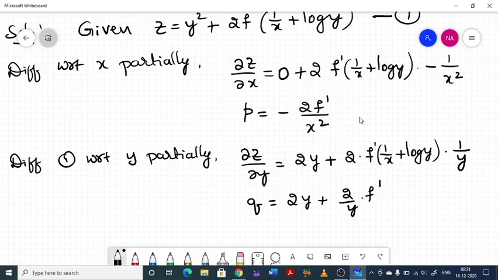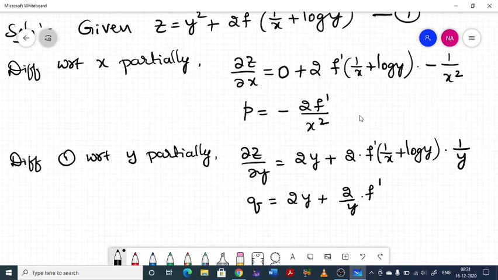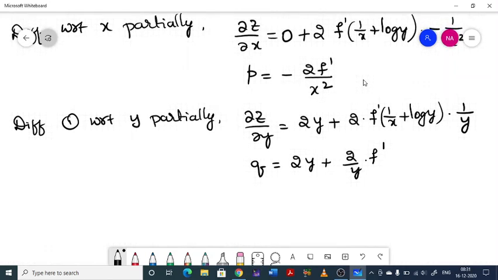Okay, we got this one. Now from this I can write px square equal to minus 2f dash. Call this as equation 2. From this I can write q minus 2y equal to 2 by y into f dash.